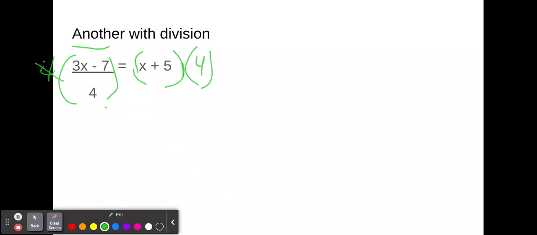That 4 is going to cancel with this 4, leaving us with 3x minus 7. And on the right-hand side, we're going to distribute, giving 4x plus 20. That's a 20, not 26.